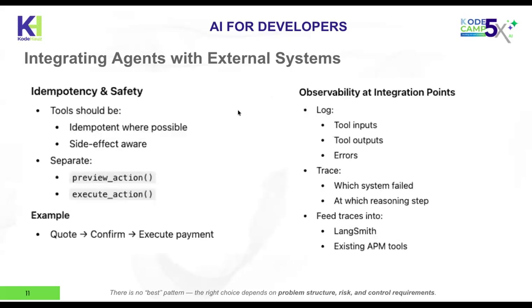Okay, so the other thing with integrating agents with external systems is what we call idempotency and safety. I've mentioned this before. Tools should be idempotent. Idempotent means if I make a request, it gives me an answer. If I make the same request, it should give me the same answer.